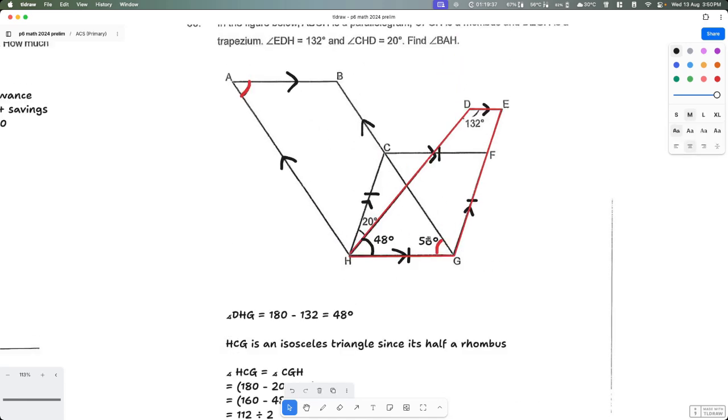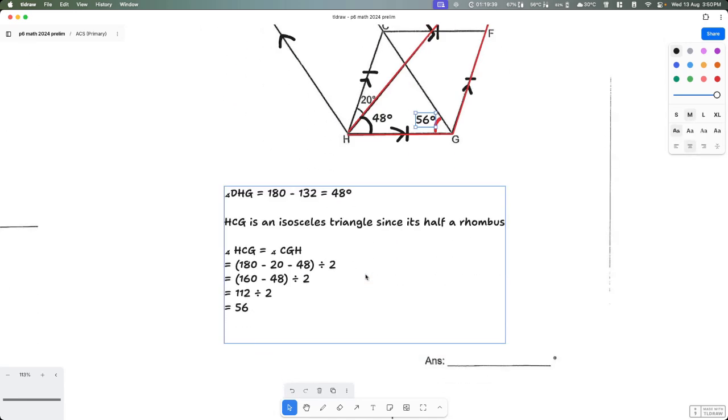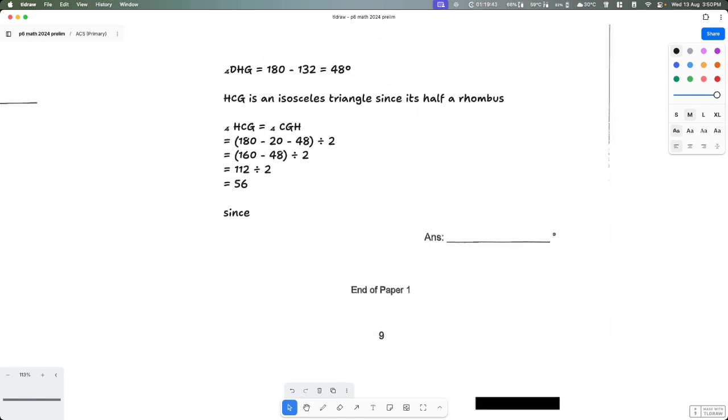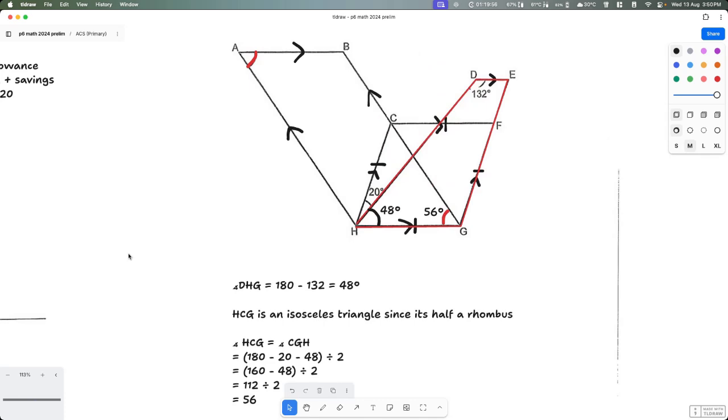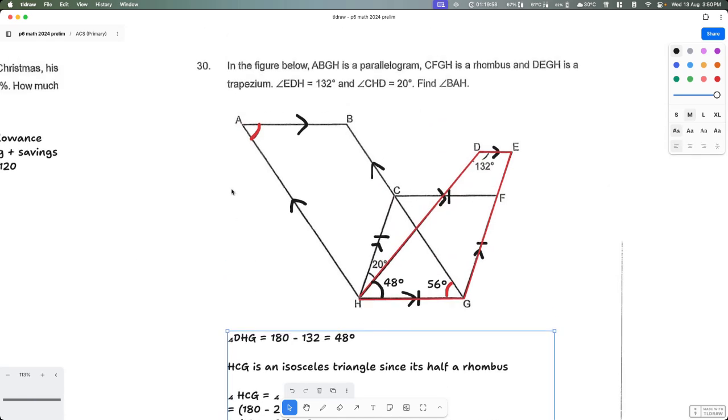Since this angle is the same as in this parallelogram, what is the parallelogram? ABGH is a parallelogram, so opposite angles are the same. That means angle CGH is equal to angle ABH.